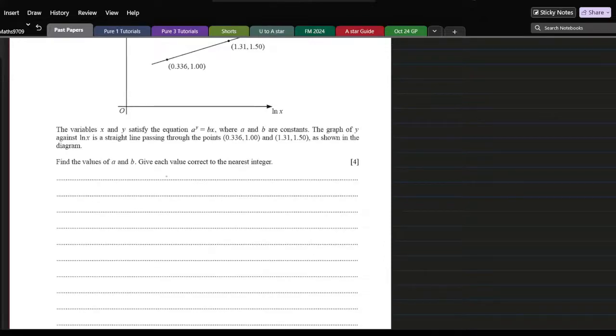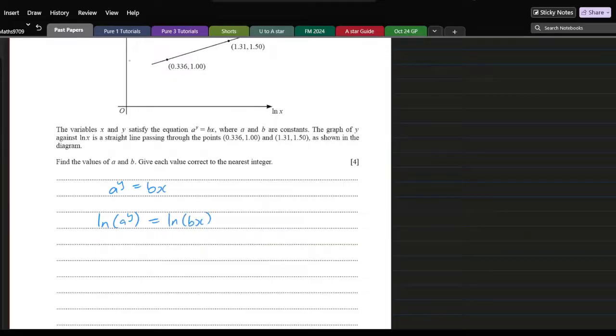So we're given that our variables satisfy the equation a to the y is equal to bx. So we have to reduce this equation to the equation of a straight line. To do that, we can apply the natural logarithm to both sides. So this becomes ln a to the y is equal to ln bx.